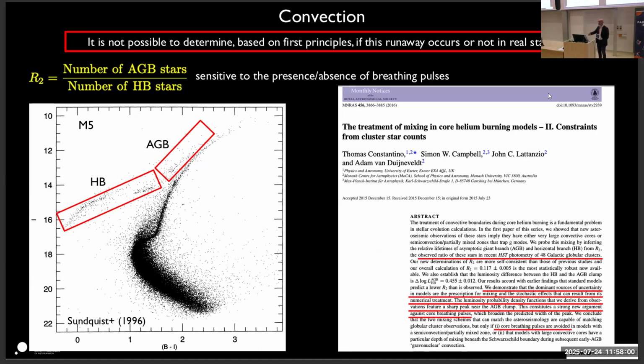And the study performed based on the observations of 48 globular clusters in the galaxy concluded that in order to reproduce the observations, the breathing pulses must be suppressed in stellar models.